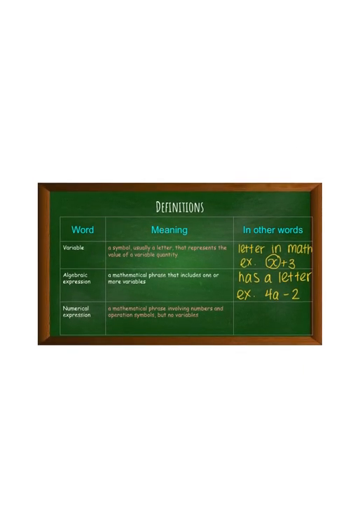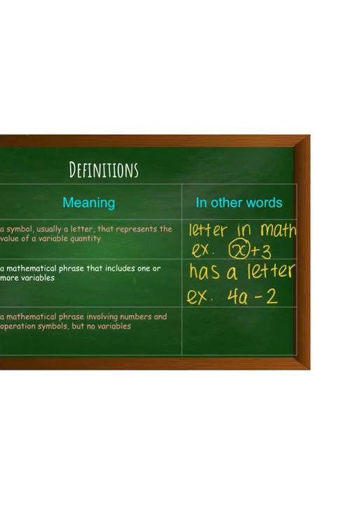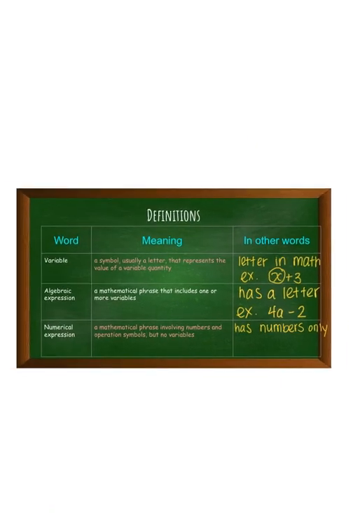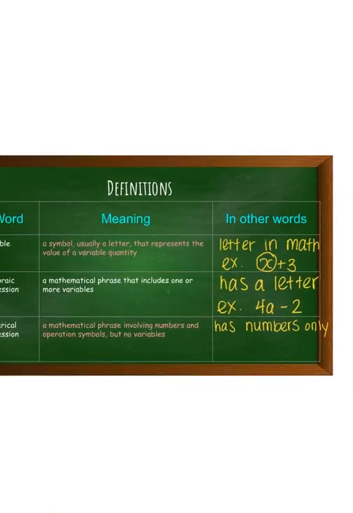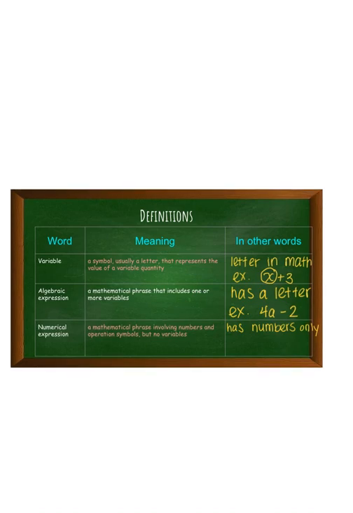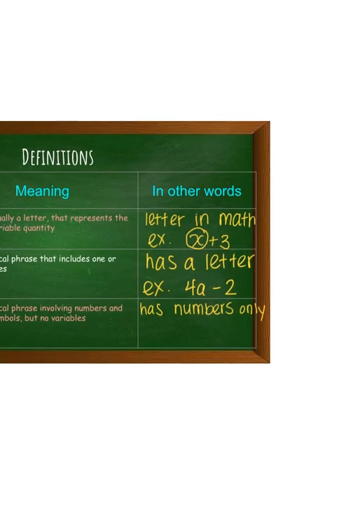A numerical expression, a mathematical phrase involving numbers and operation symbols, but no variables, has numbers only. Okay, so the difference between an algebraic and a numerical, an algebraic has a letter or an unknown quantity, and a numerical only has numbers and operation symbols, okay?